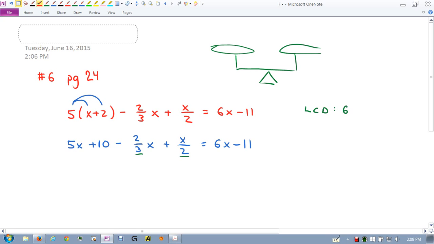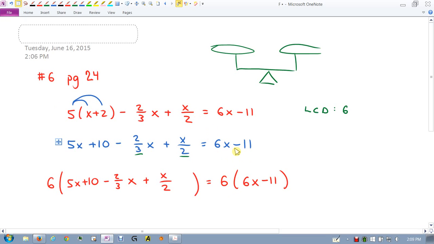So I'm going to come in here with my 6, and then I'm just going to write the entire left-hand side in parentheses. And then I'm multiplying by 6, and then the entire right side in parentheses. You only need parentheses if you have more than one thing.